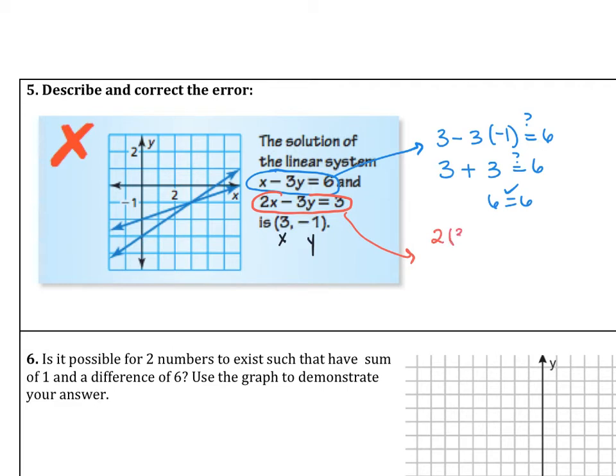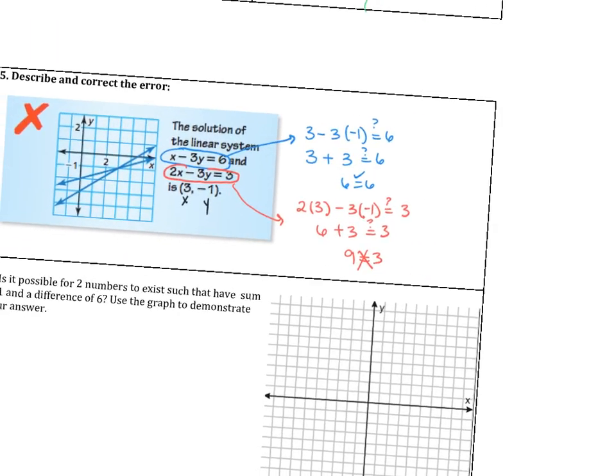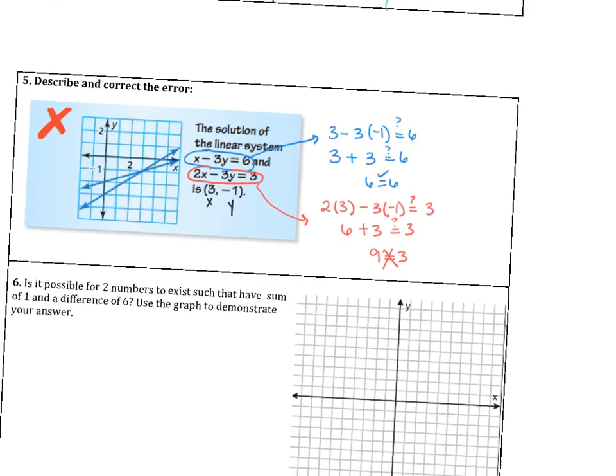Two times x, which is 3, minus 3 times y, which is negative 1, equals 3. 2 times 3 is 6. And negative 3 times negative 1 is a positive 3, so 6 plus 3 equals 3. 9 equals 3? No, that is not true, okay? So we did not get a true statement.